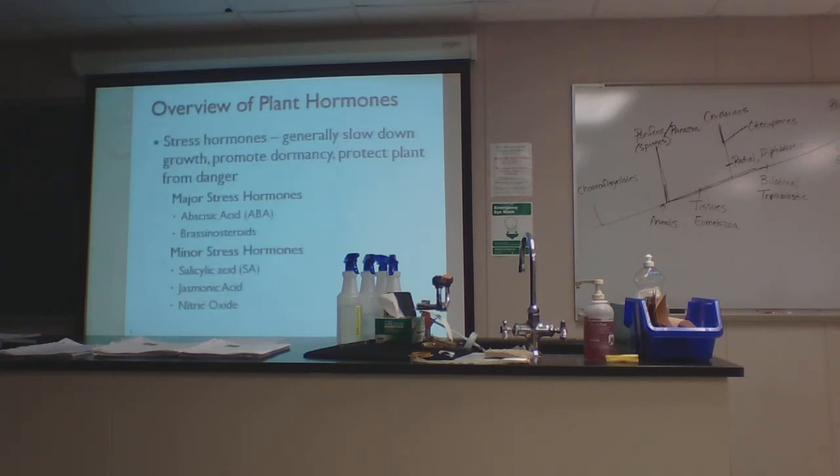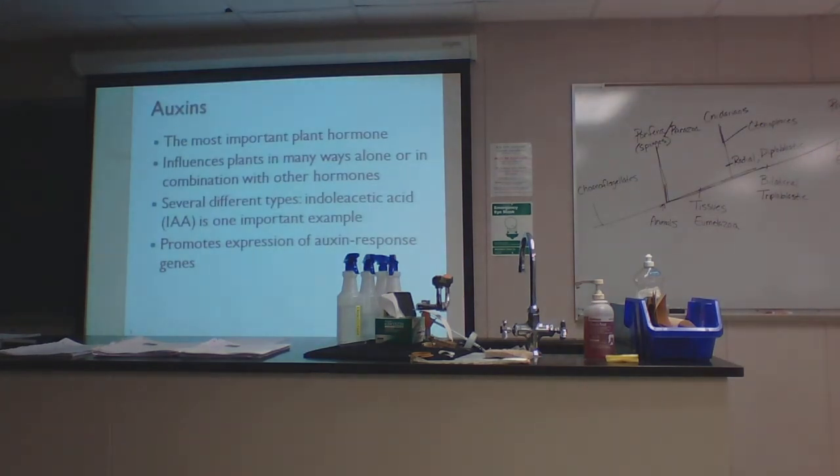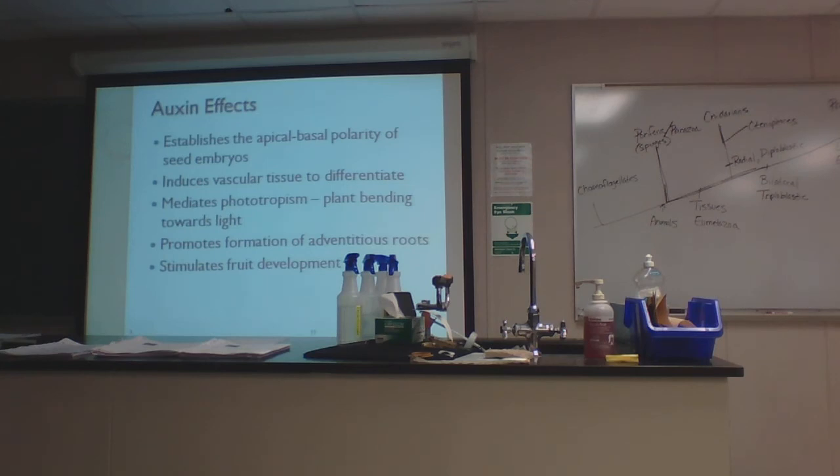So auxin, let's see here. One of the things it does is it makes plants bend towards the light. It's basically a growth hormone for different growing things, grows roots and stuff like that.